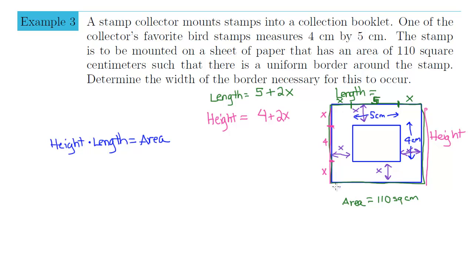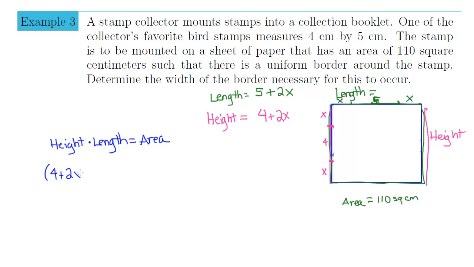From our picture, we are just going to focus on this outer rectangle, okay? So again, we're going to ignore the middle stuff for now and only focus on the exterior of this rectangle. The height is defined by the pink, which is 4 plus 2x. So we would say that the height of this rectangle is 4 plus 2x. And the length of this rectangle is 5 plus 2x, right?